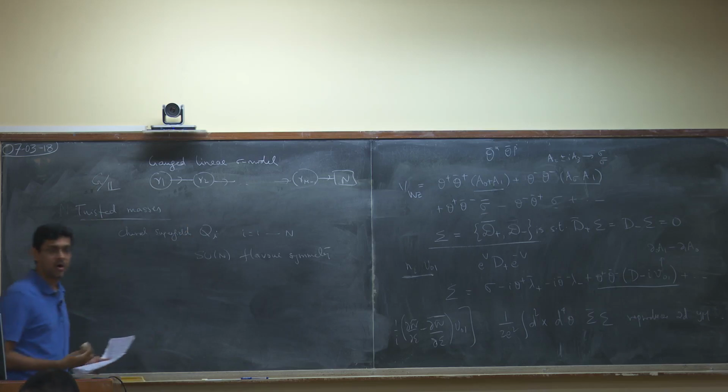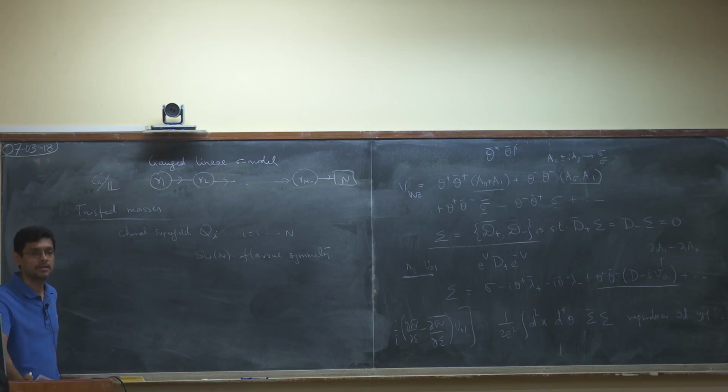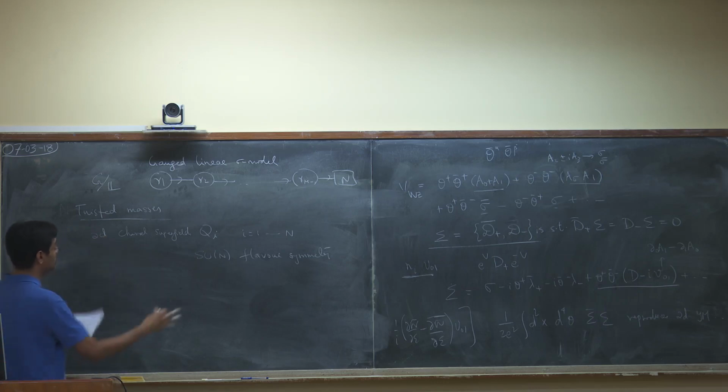Chiral superfields, ordinary chiral superfields. No, I don't think they were converged in direct form. They were just named in 2D: D bar plus minus phi equal to q equal to 0. 2D chiral superfields. And there are n of them, with a global SUN flavor symmetry.